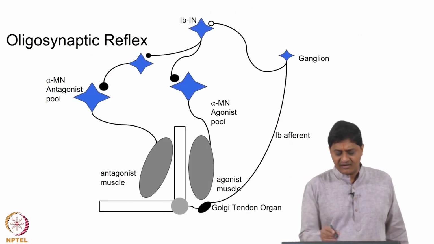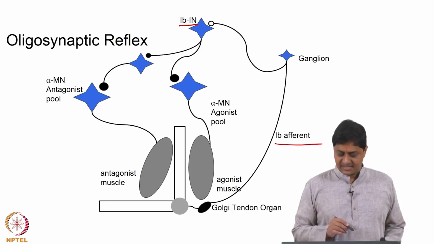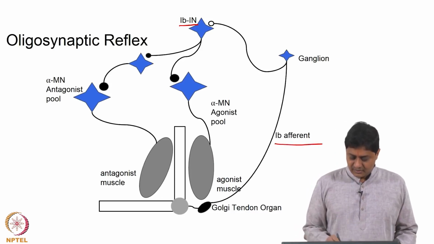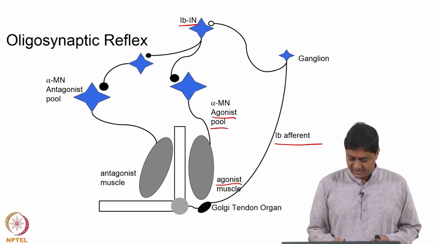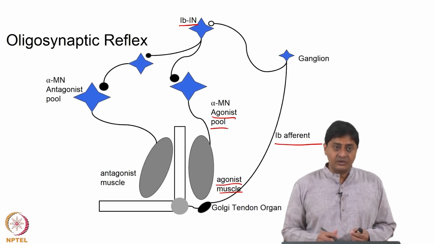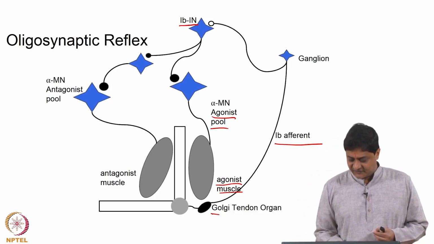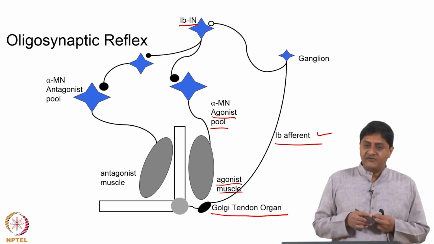The case of the 1B afferent, what happens in this case is the muscle, say the agonist muscle, is contracting. When the agonist muscle is contracting, the Golgi tendon organ starts firing, that is the 1B afferent. Now, what would be an appropriate negative feedback for that?